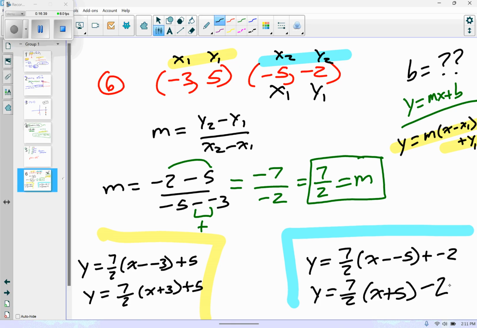So there's 2 different answers that work here. It's just a matter of which point did you label x1, y1? And I know there's teachers out there like, one on the left, always x1, y1. No, there's nothing mathematically that says that. That was because you had a lazy teacher who didn't realize they could have 2 different looking answers, and it's fine. Friends, are we okay up through number 6? Yes. Everyone good? Okay.